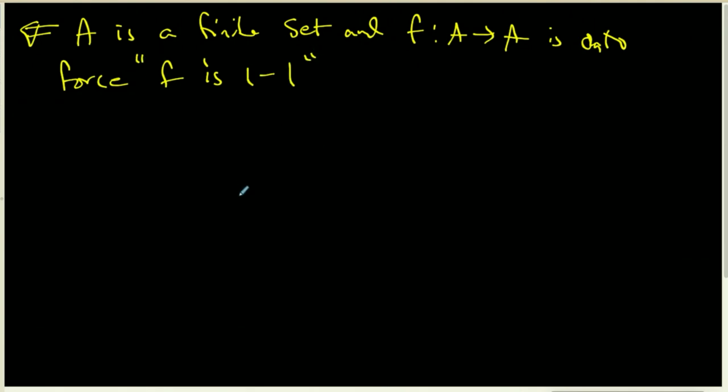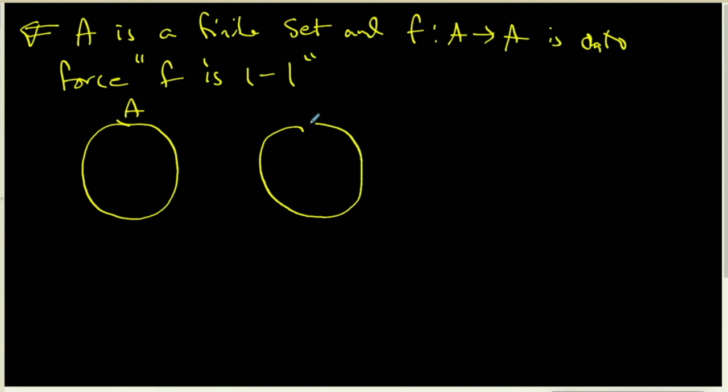So I want to force the statement f is 1-to-1. Again, I want to start by thinking about the situation that I have two copies of A, so I have exactly the same number of dots in both of my copies of A.